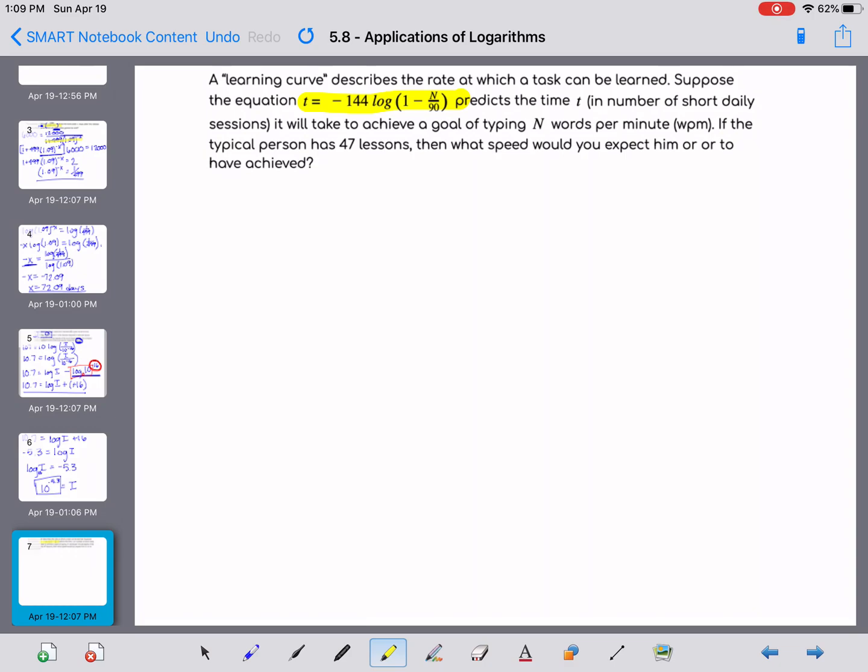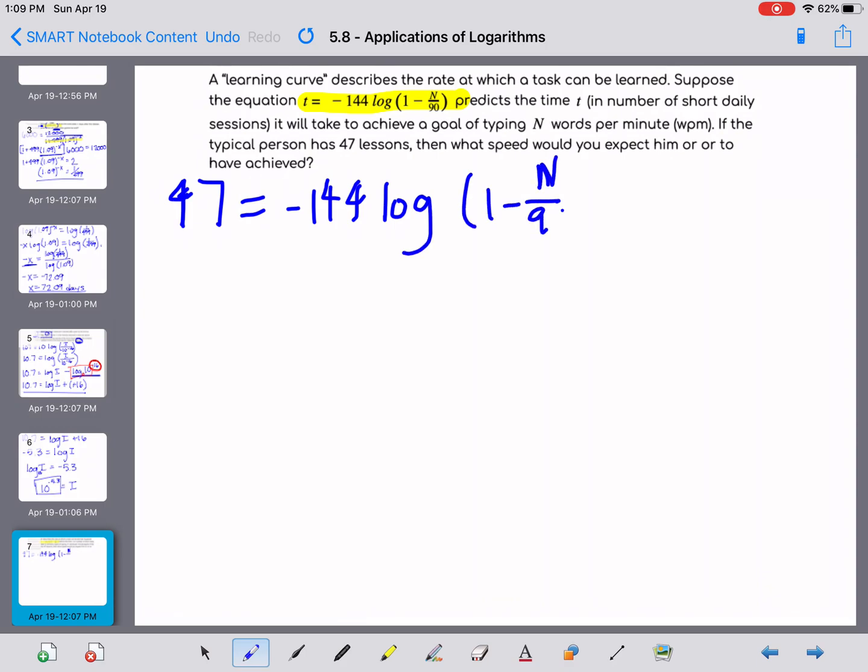Okay, so for this last one, we're going to write 47, negative 144, number 90 here. Now again, I'm trying to get the log by itself, so I divide.